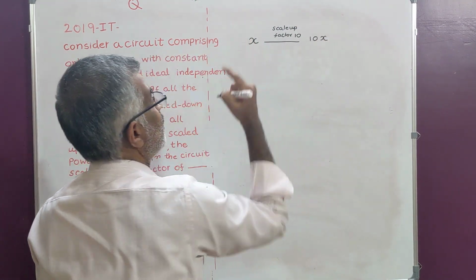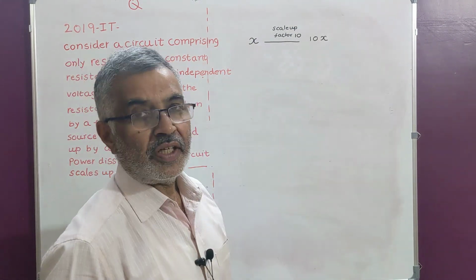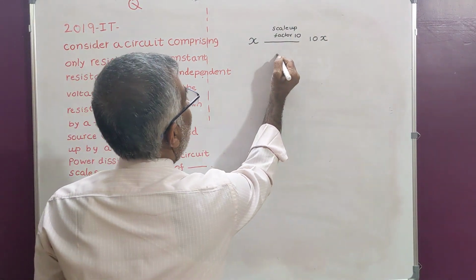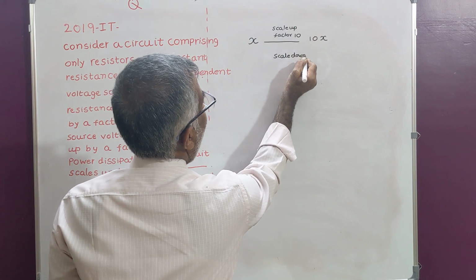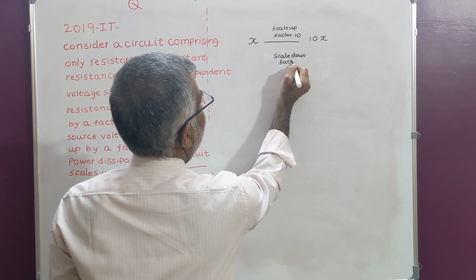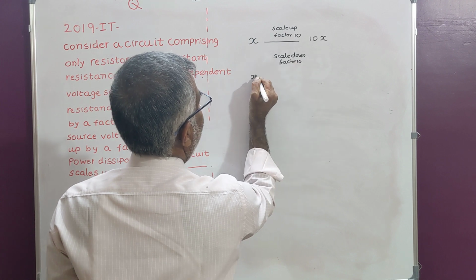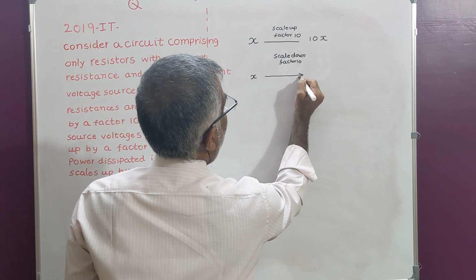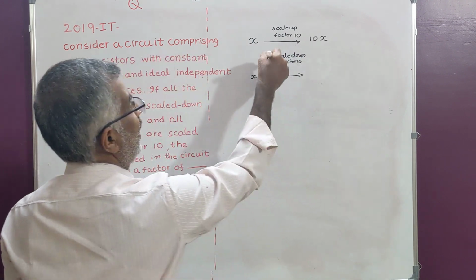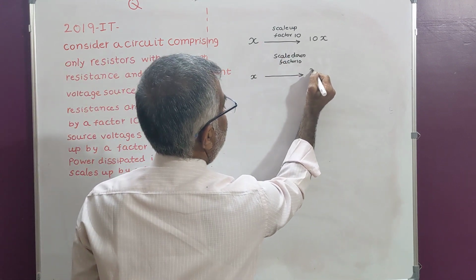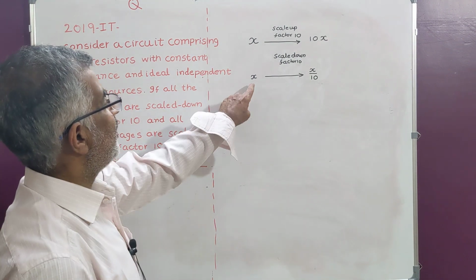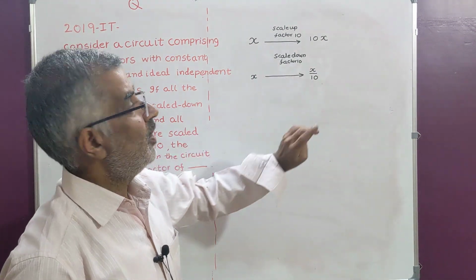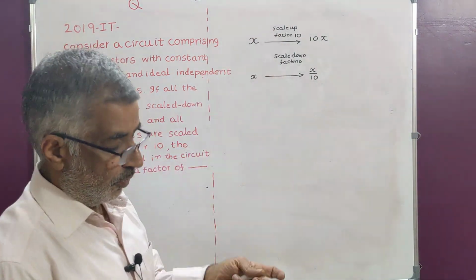For example, x is 1 ohm, then it becomes 10 ohms, 10x. Scale down by a factor 10 means if x is given, it becomes x by 10. For example, if x is 10, it becomes 1. That is what scale up, scale down.